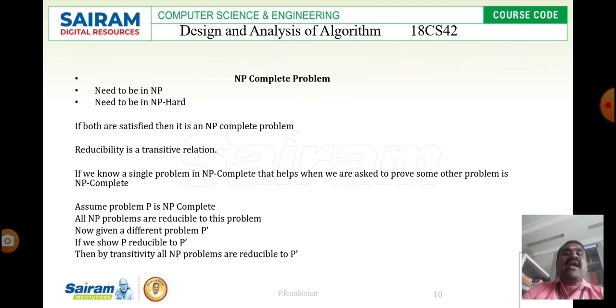Now we have a different problem P dash. If we show P is reducible to P dash, then by transitivity all the NP problems are reducible to P dash. So if a problem is reducible, then we can also say that this is an NP complete problem. So this is all about deterministic, non-deterministic and NP hard problems.